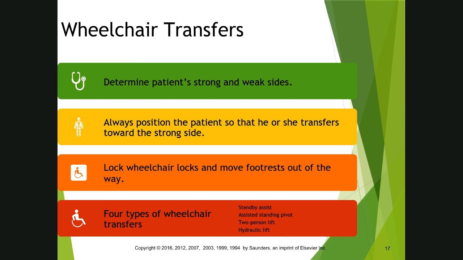And the hydraulic lift, a lot of times they'll call it a Hoyer lift. That is where you use a device that literally looks and is an engine hoist to lift a patient out of typically a wheelchair or a stretcher and move them to another area. And we'll show examples of all of them.